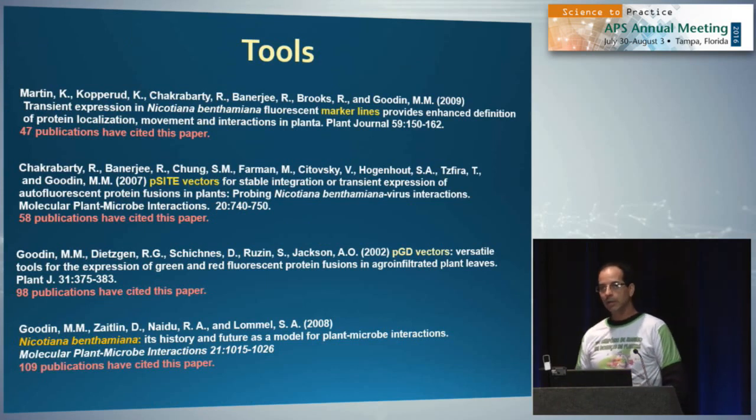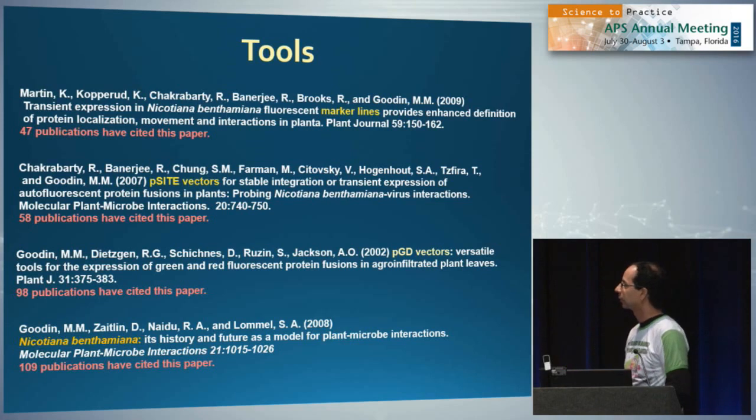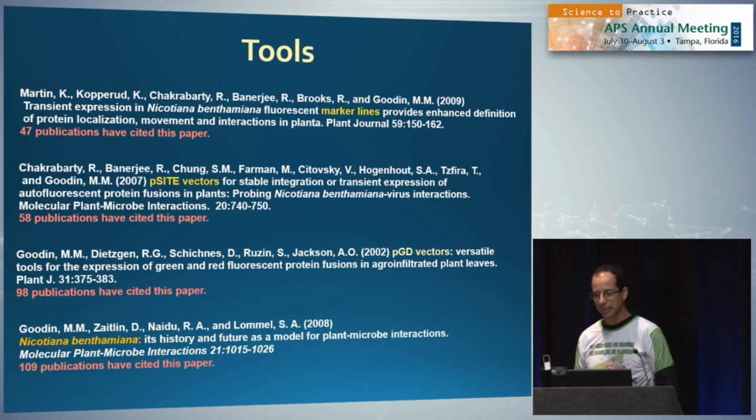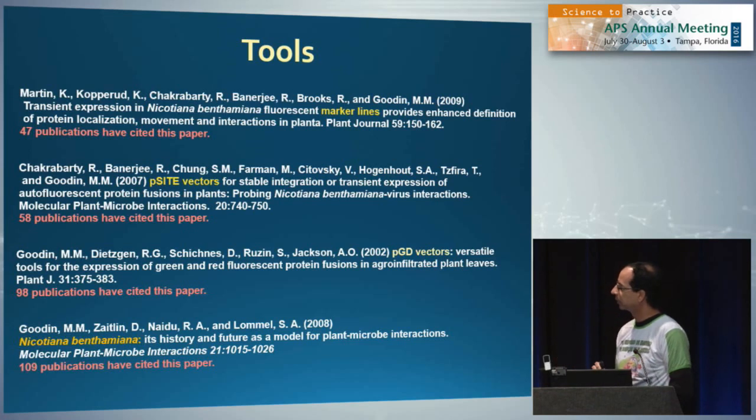But of course, all of this is driven by tools that allow research to progress. And our labs spend a lot of time building tools, marker lines, and vectors, and we've impacted hundreds of papers by now, so that makes me feel very good. But we need more.